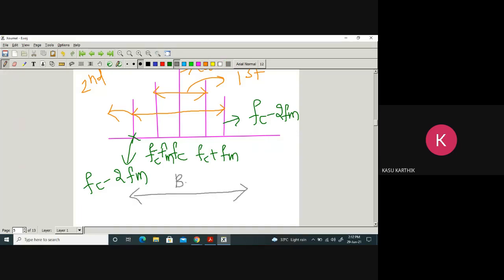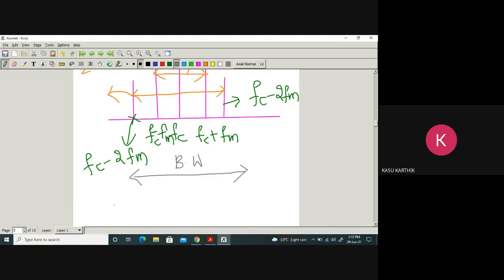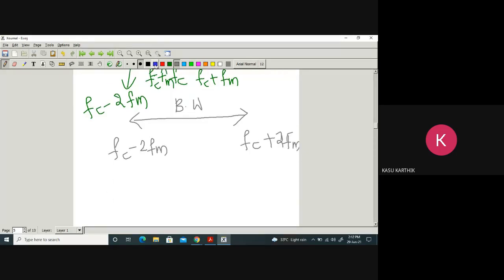From where to where? From Fc minus 2Fm to Fc plus 2Fm. What is this difference? 4Fm.